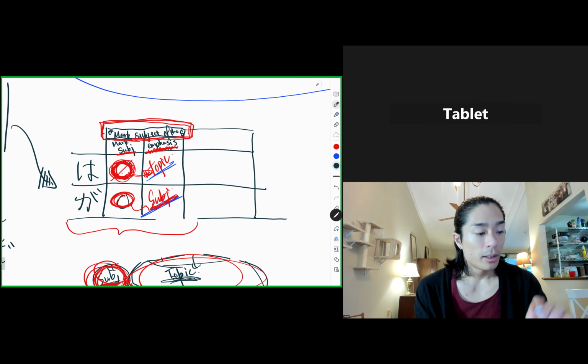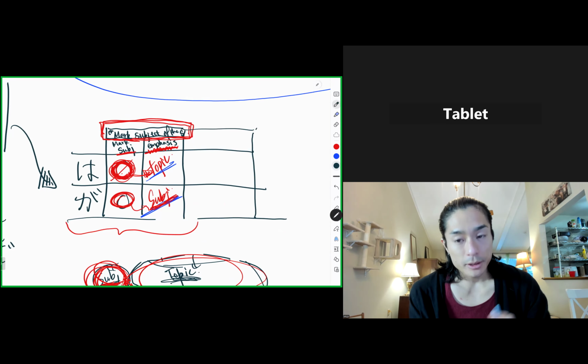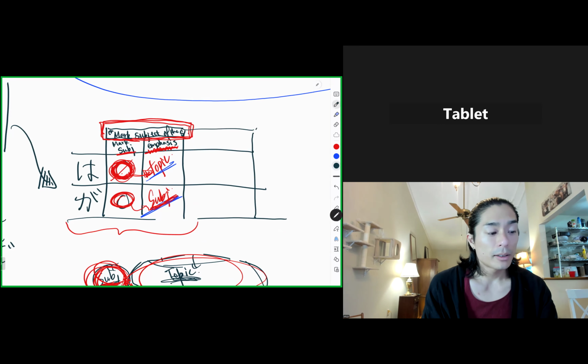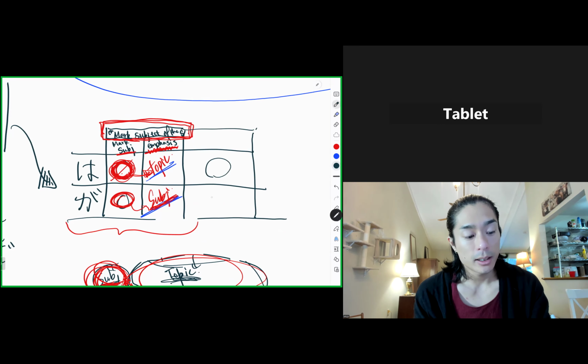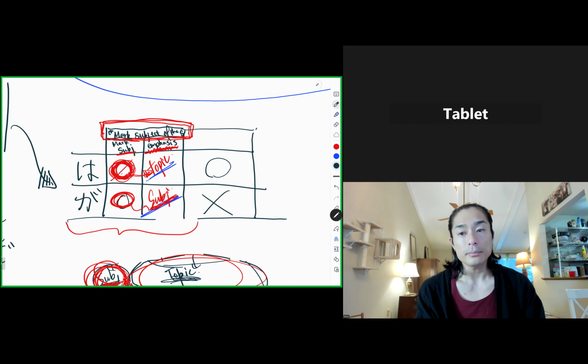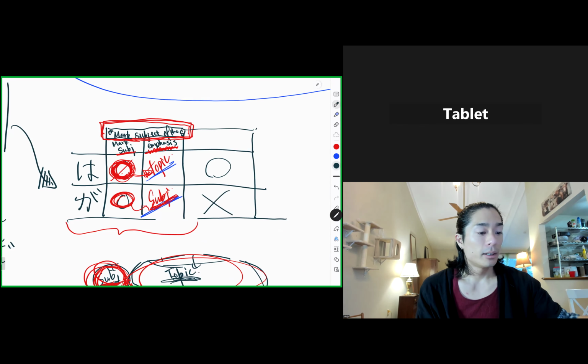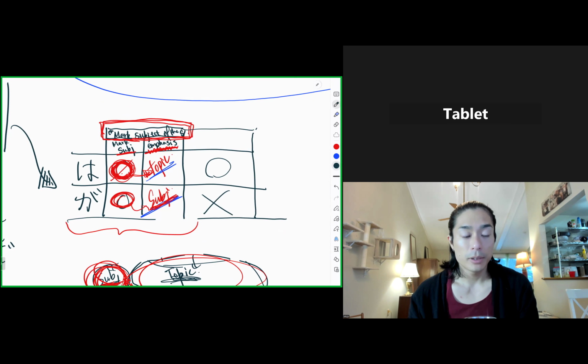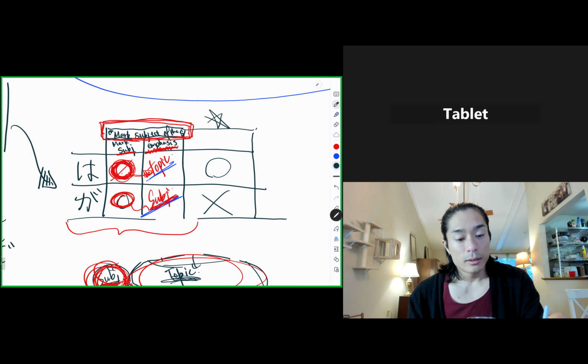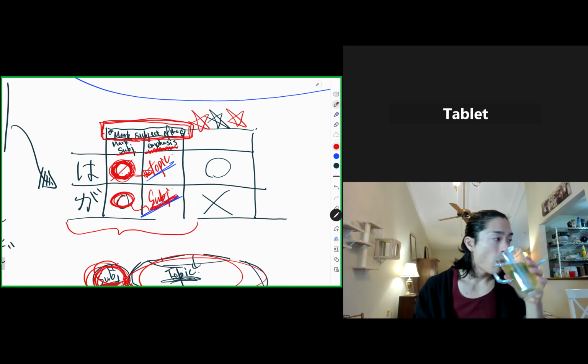Okay, there is another function that only wa has and ga doesn't have. This is another important thing. People make mistakes. Okay.